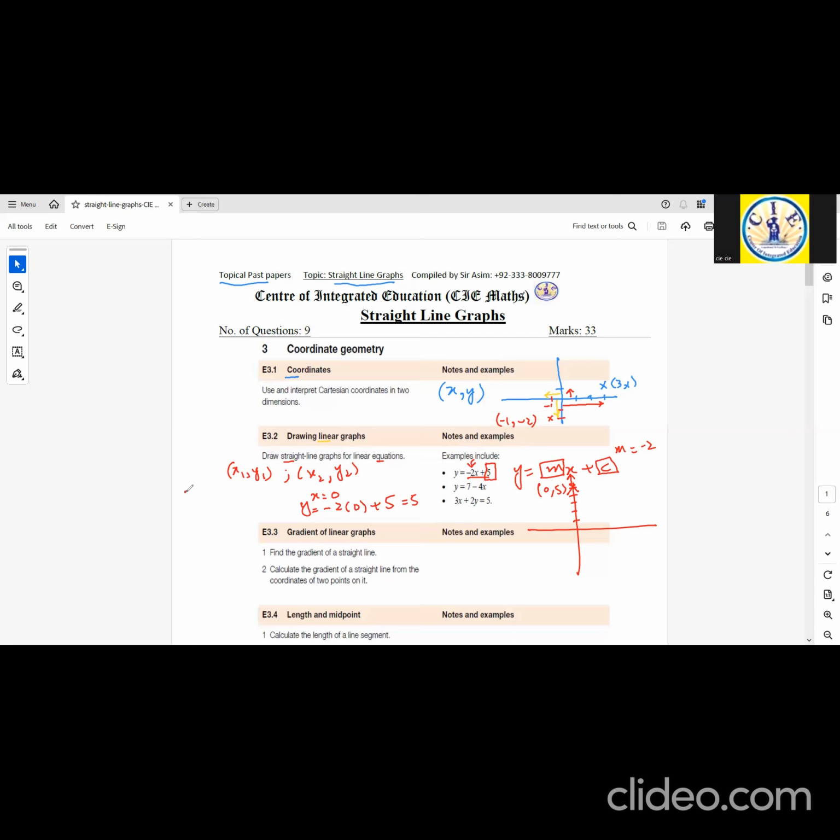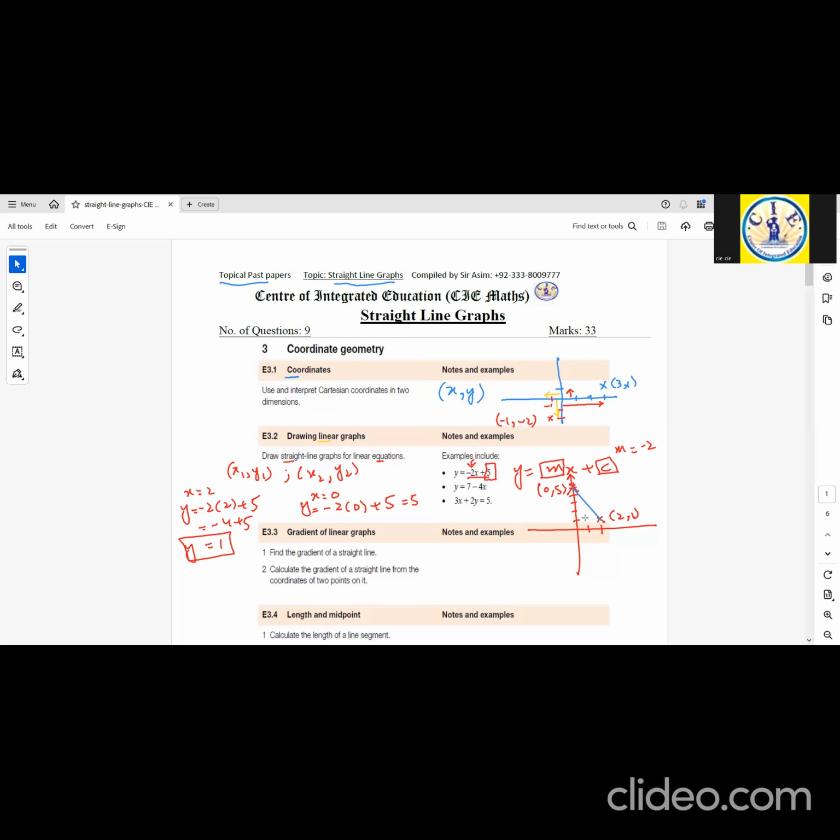Let me have x is equal to 2, for example. Then the value of y would be -2 times 2 plus 5. That is -4 plus 5. That is 1. So if this is x is 1, 2, and then this is the point 2, 1. So when I would be drawing the line through this, it would be looking like this one.